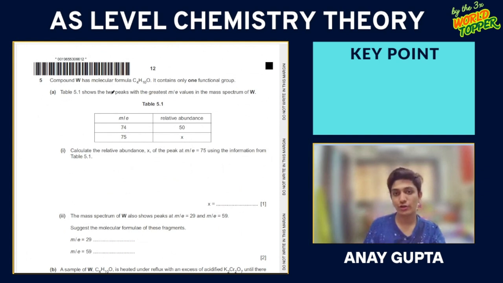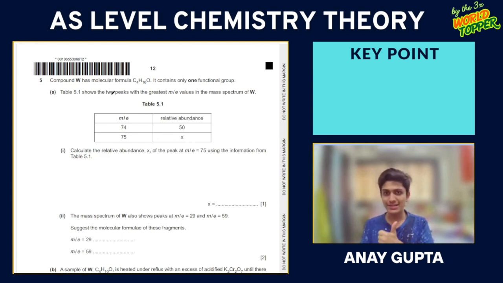Compound W has molecular formula C4H10O. It contains only one functional group. Table 5.1 shows the two peaks with the greatest m/e values in the mass spectrum of W. Calculate the relative abundance X of the peak at m/e equals 75 using information from Table 5.1. Now, if there are two peaks with very close m/e values, then this closeness could be affected by a few elements.